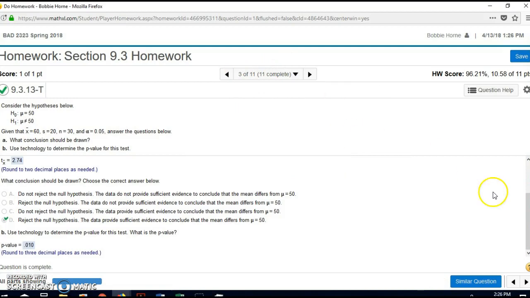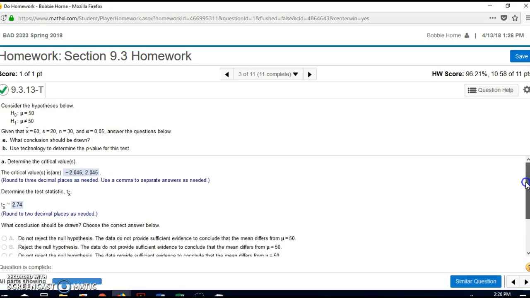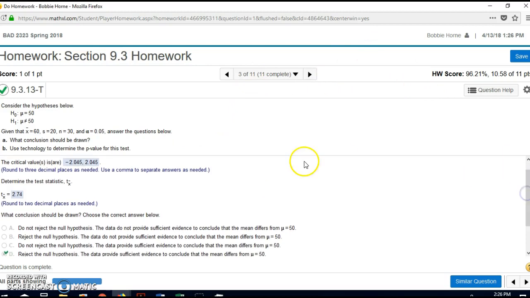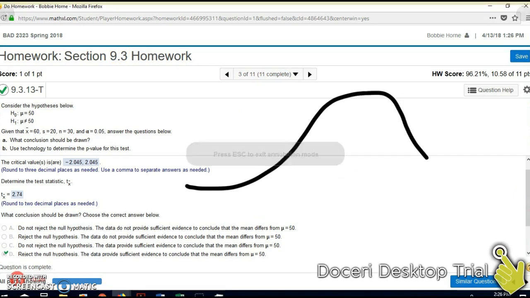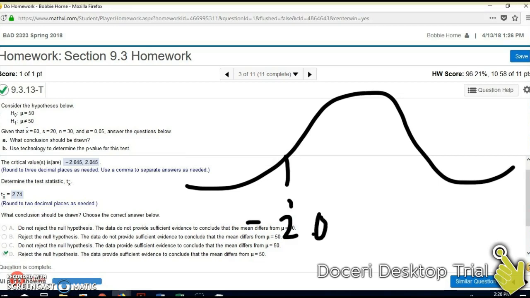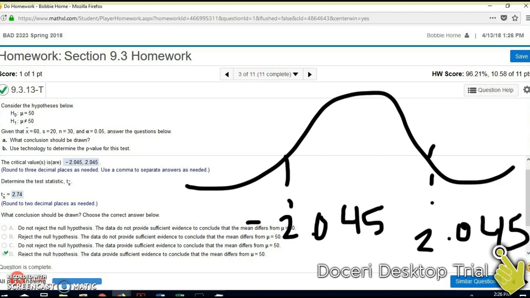I'm going to have to scroll up. The critical value is negative 2.045 and positive 2.045. Alright, so let's draw that. Negative and positive. The areas of rejection are to the left of this and to the right of this.